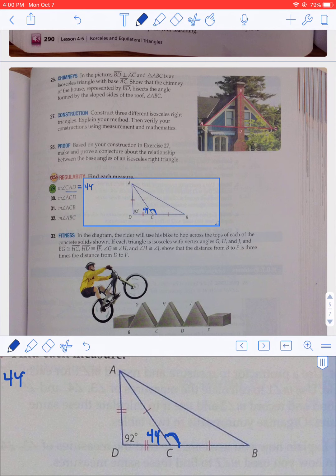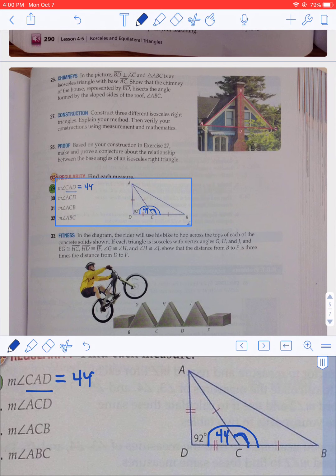So now we know that this is a linear pair, and they're adjacent to each other, so we can just do 180 minus 44, and that will help us figure out that missing angle there for 31.